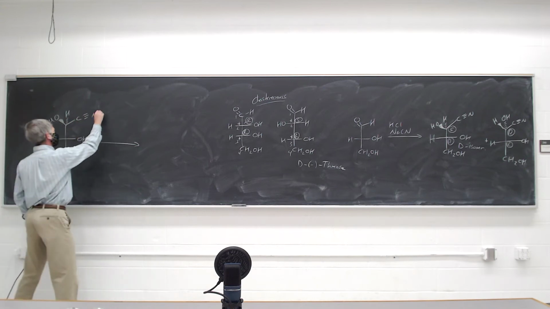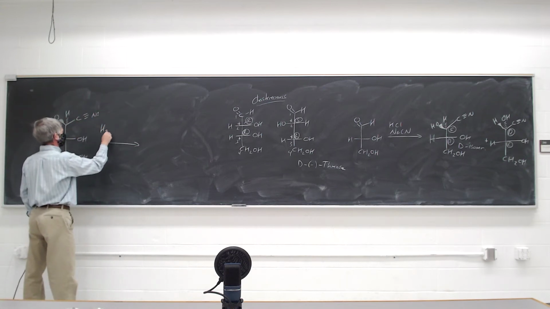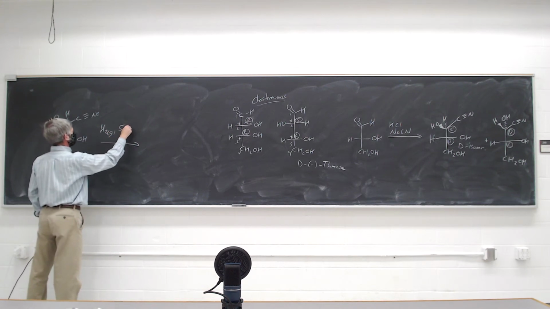The way to convert the nitrile into the aldehyde is to hydrogenate it.